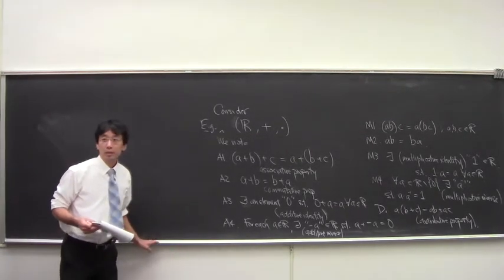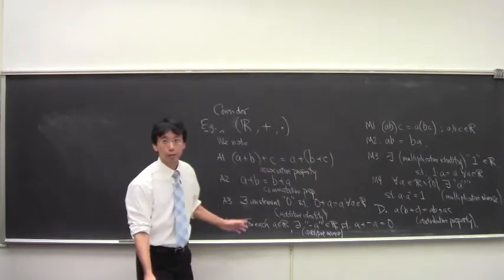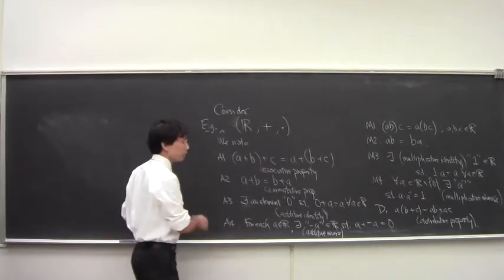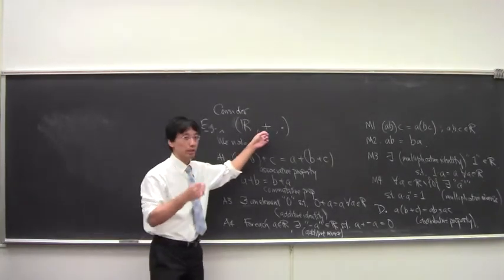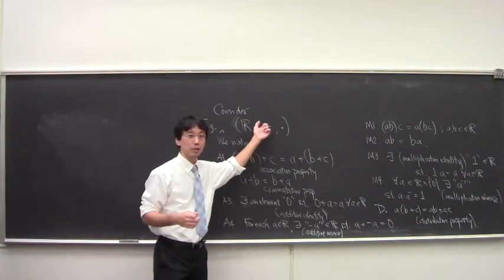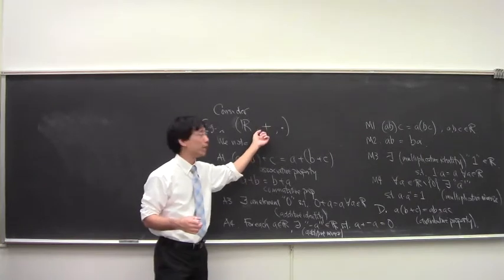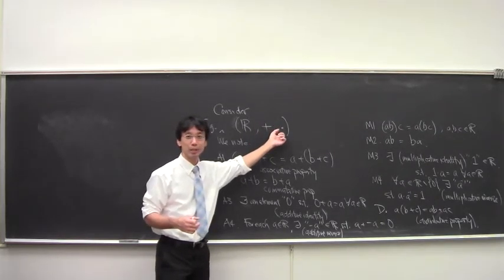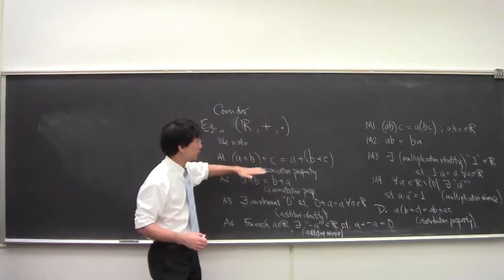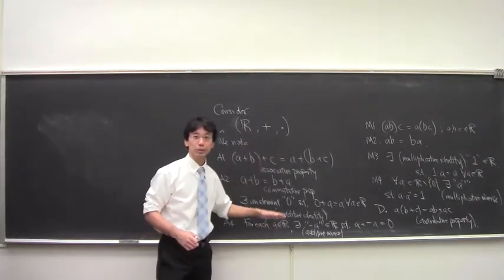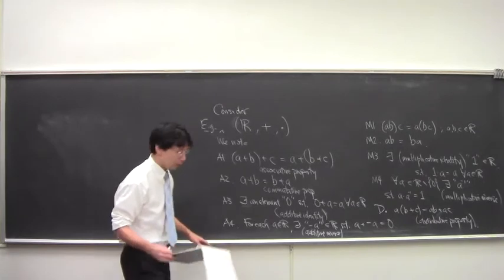Okay, so these things are called the field axioms. You have R, and R has two binary operations, plus and multiplication, and those operations satisfy these rules, right?